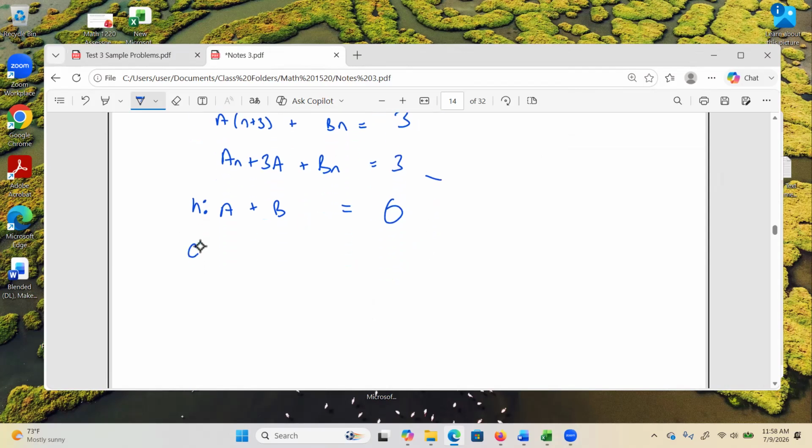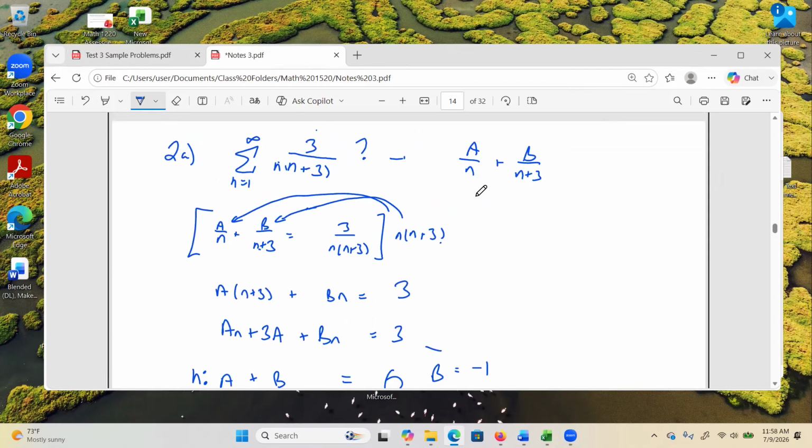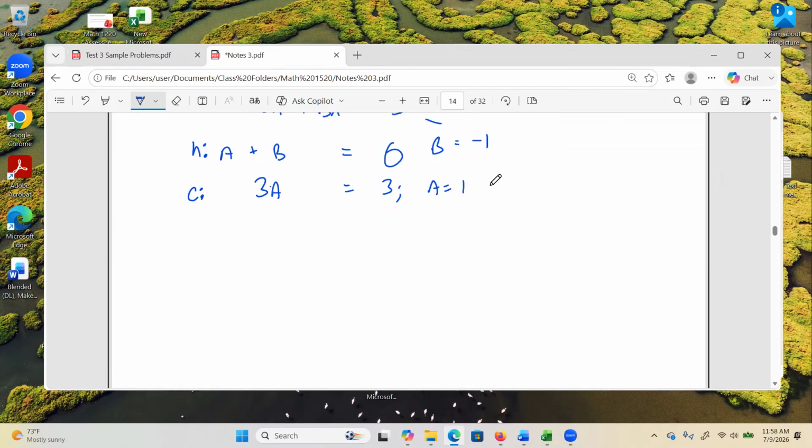We take our constant: we have 3a is equal to 3. So a is equal to 1, dividing both sides by 3. Once I know that a is equal to 1, from my first equation it's pretty obvious that b is equal to negative 1.